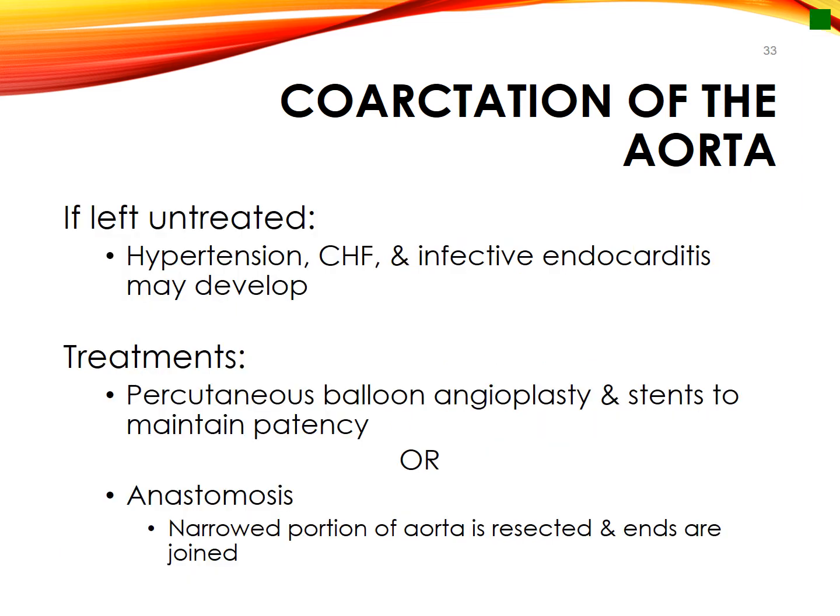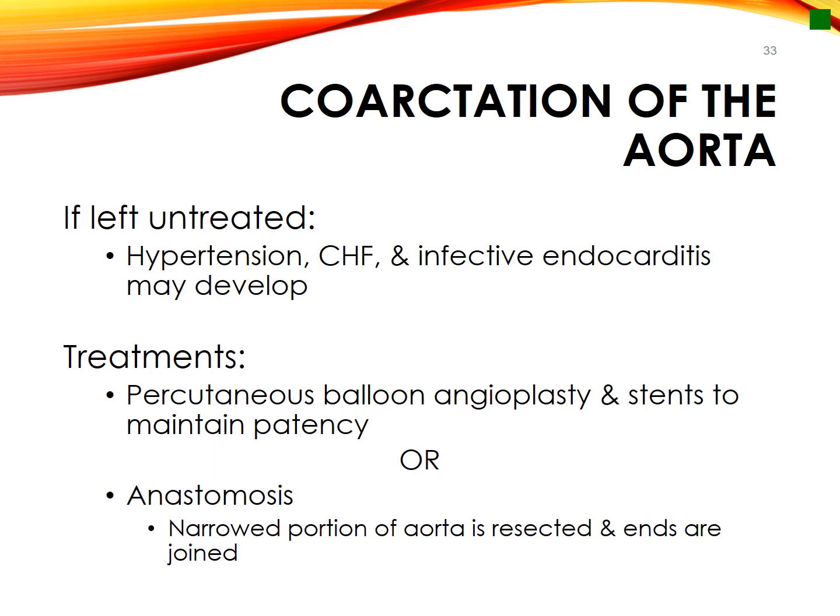So with our coarctation of the aorta, if it's left untreated, some things that can happen are that hypertension can develop, CHF, so congestive heart failure can start, or infective endocarditis may develop. So a lot of things can happen if we don't treat it.